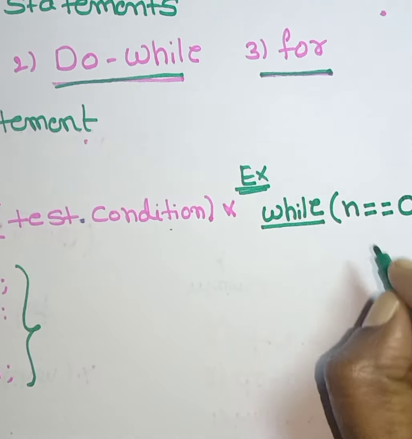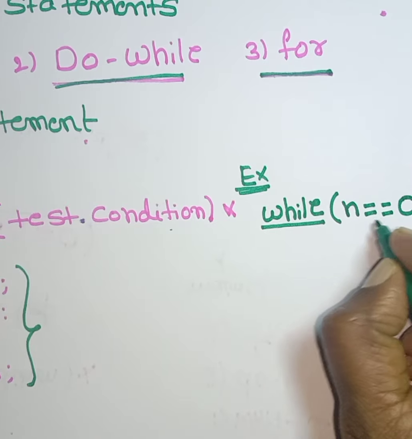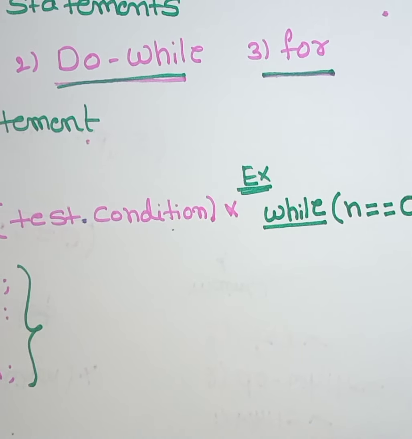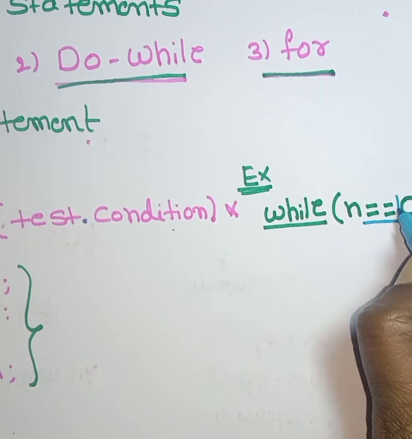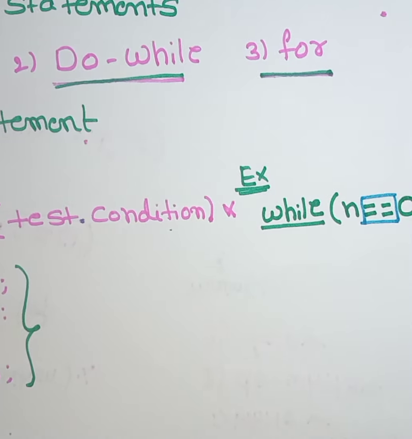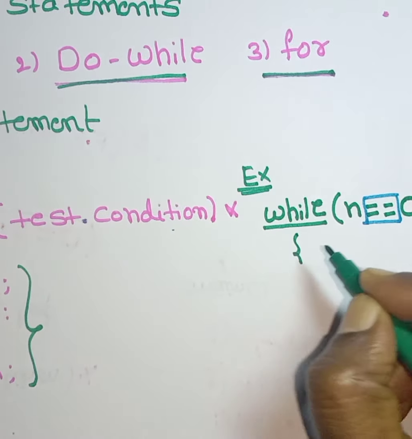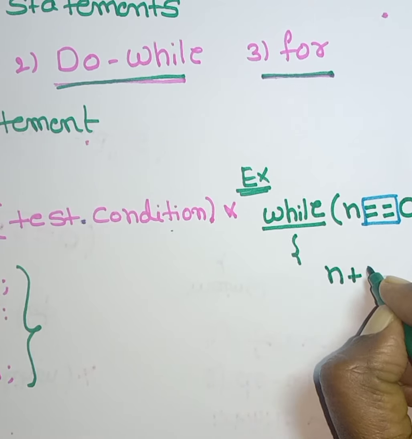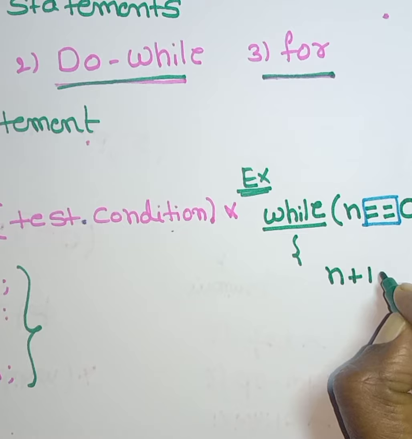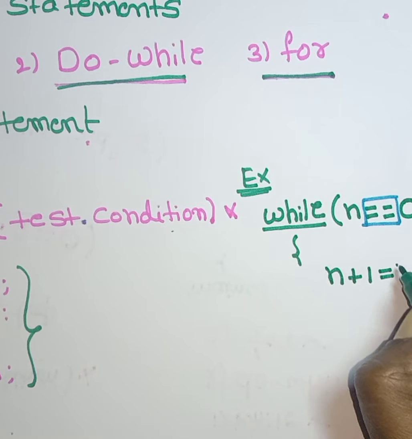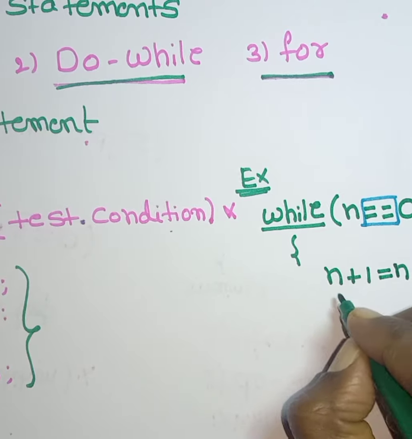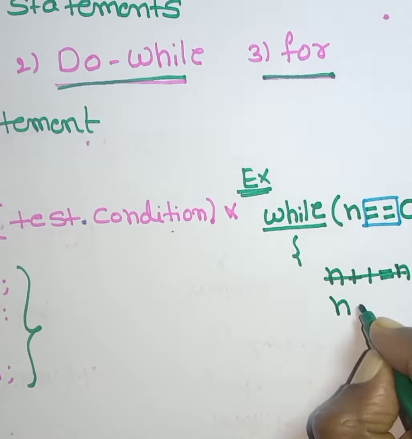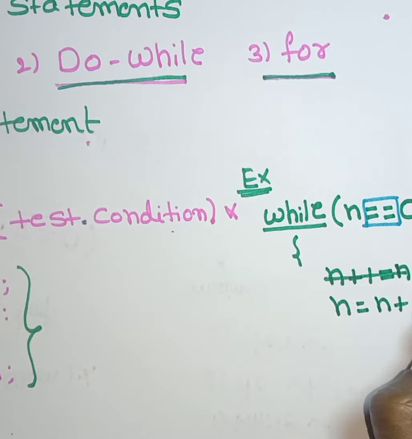Okay, I have to check that n value is equal to 0. Remember that in the C program, for equal to we use the double equal to sign. That you studied in the operators. If this is equal, then I want to say that n should be incremented by 1, that is n is equal to n plus 1.